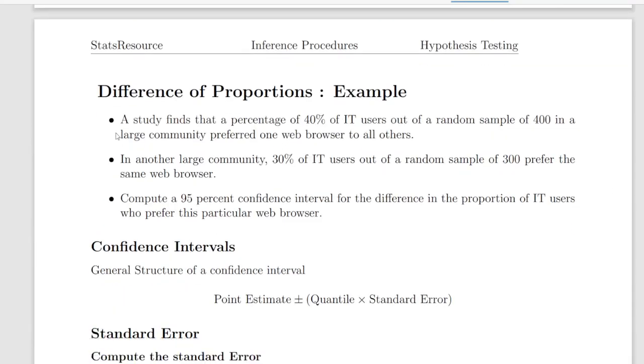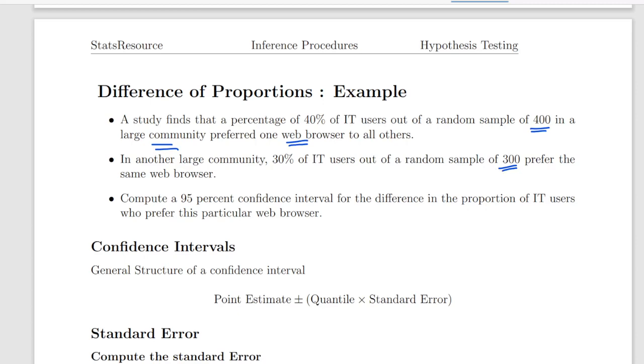So here's an example. Difference of proportions. A study finds that 40% of IT users out of a random sample of 400 in a large community preferred one web browser to all others. Okay, in another large community, 30% of IT users out of a random sample of 300 preferred the same web browser.